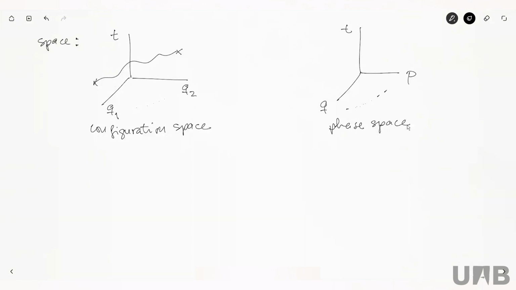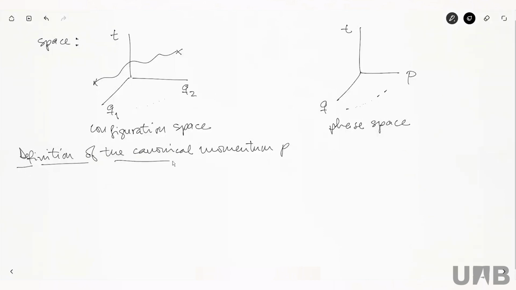Okay? So we start with the definition of the canonical momentum p. Sometimes people omit the word canonical and they just call it momentum p, which is the variable that we have in the Hamiltonian formulation, which we do not have in the Lagrangian formulation, okay?